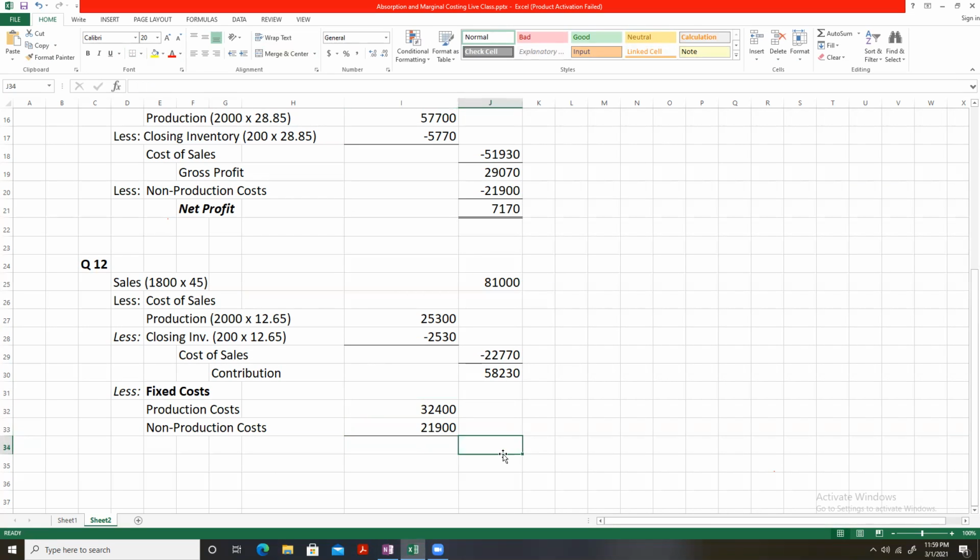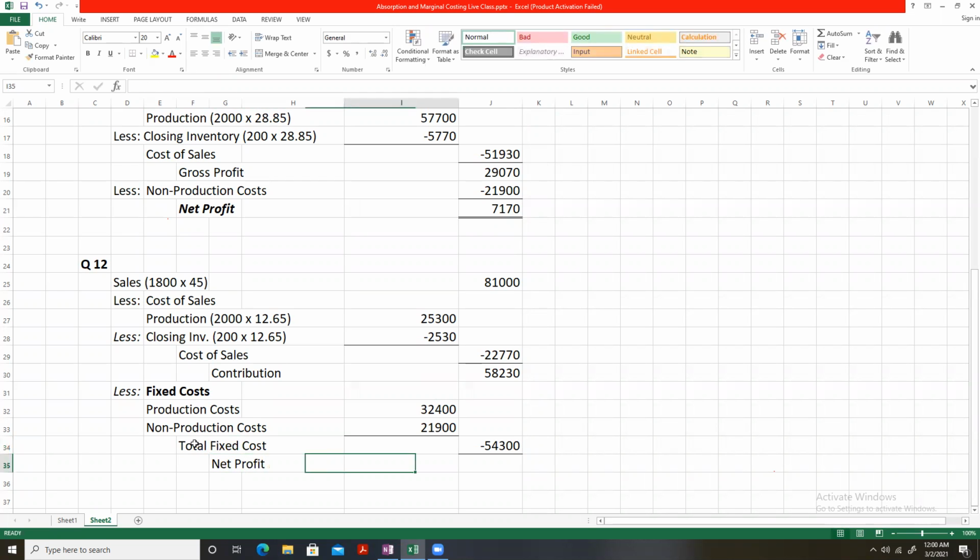So as a result, we will get a total fixed cost of 54,300. Yes, this is the total fixed cost, and here it is good to mention the total fixed cost. So the net profit, I am coming to your question.